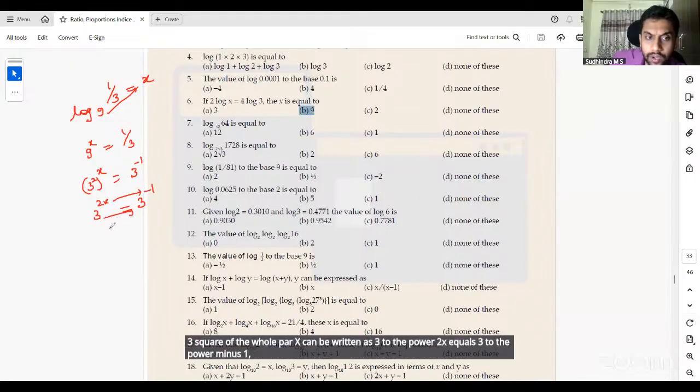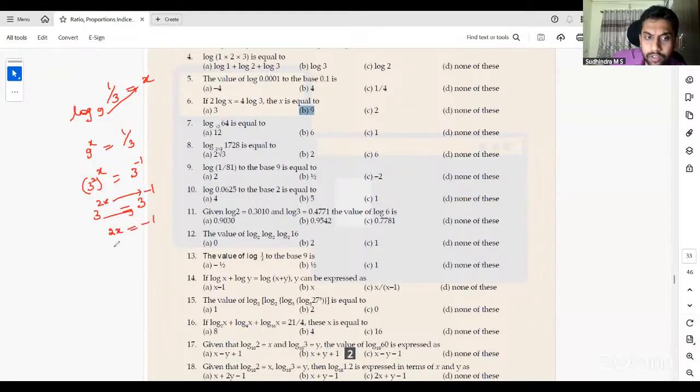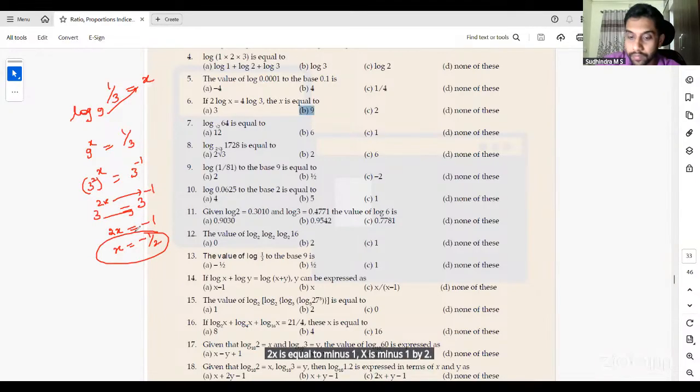Same base, equate the power. 2x is equal to minus 1. x is minus 1 by 2. That is option A. Those who are done with this, you can move on to question number 14.